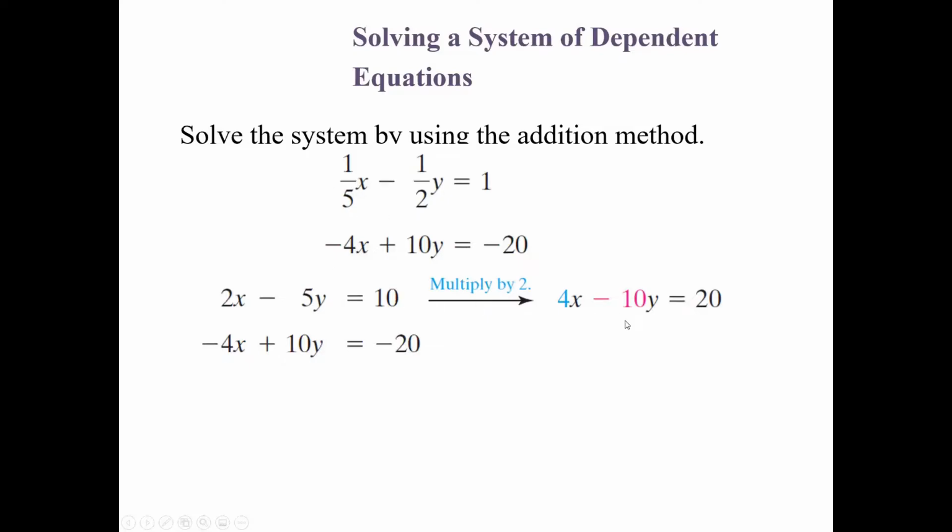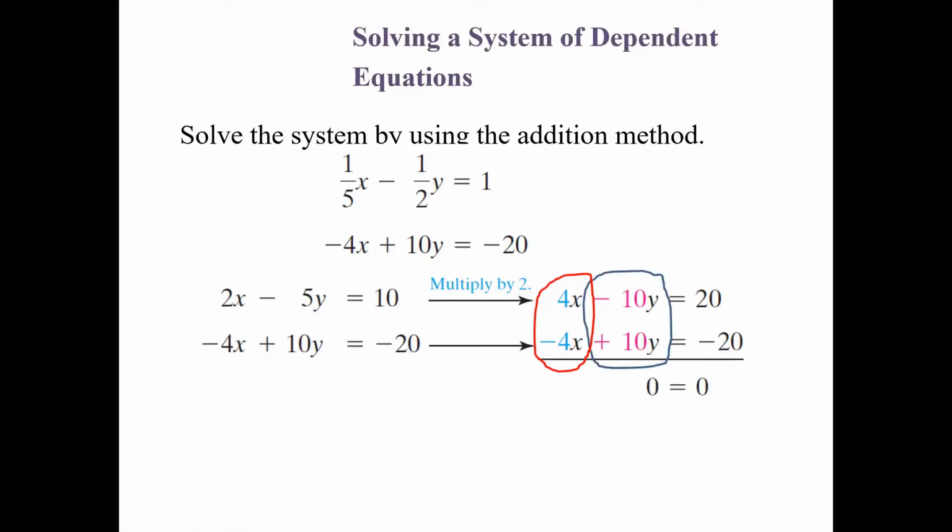We multiply by 2 to get an opposite pair. Well, it gave us 2 opposite pairs, 3 opposite pairs. So we're going to end up with 0 equals 0 again. Well, what is it anytime we get a truth? It's dependent lines, same lines, identical lines.